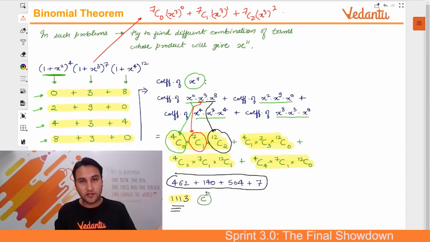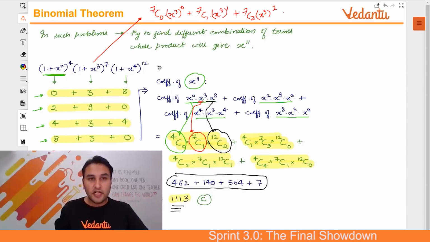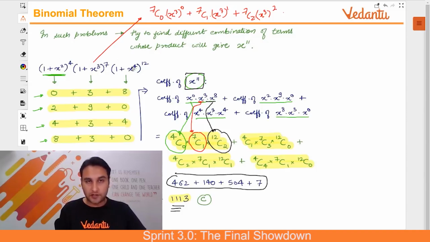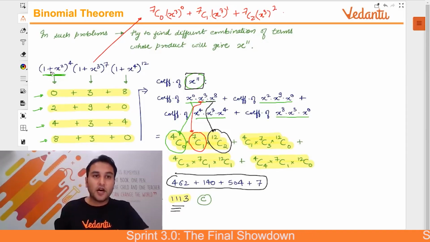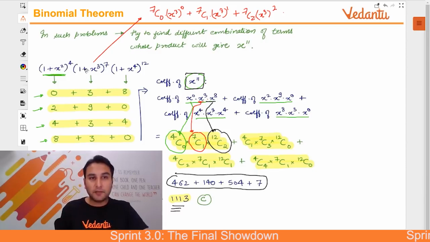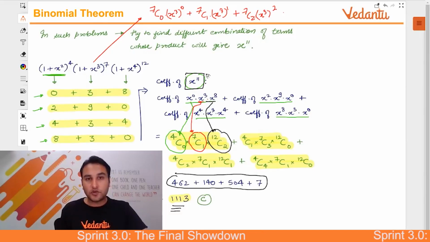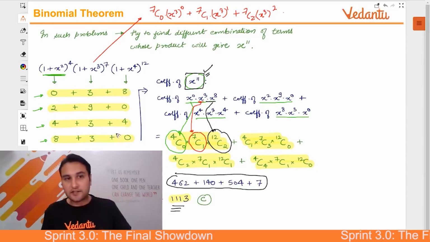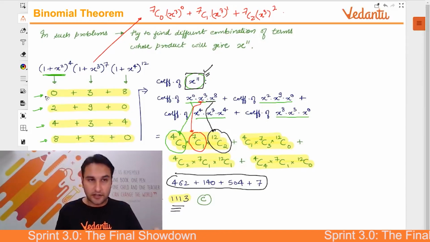End of the story. Another concept was, if x to the power 11 was needed, imagine its expansion. Think, how should you add the powers in all these three expansions so that the summation of the powers gives you x to the power 11? That is all that you need to imagine.